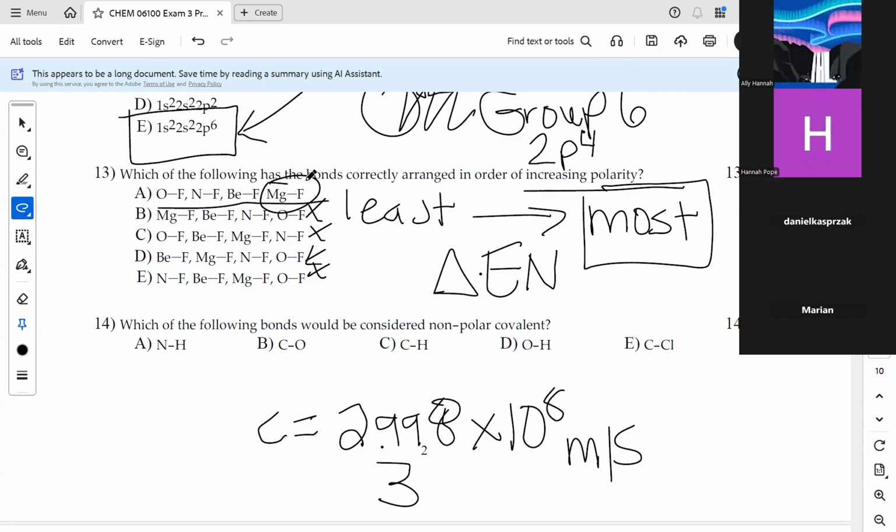So beryllium is almost as far as magnesium, nitrogen's a little bit further than oxygen. All right. So number 14, which is considered nonpolar. They're all covalent bonds, but the only one that's considered nonpolar, with a difference in electronegativity of less than 0.5, would be this CH bond.